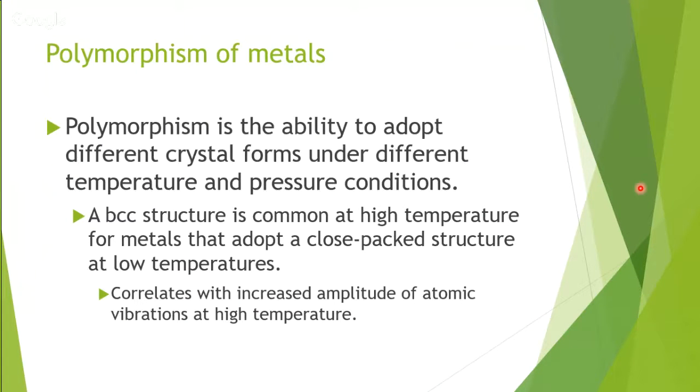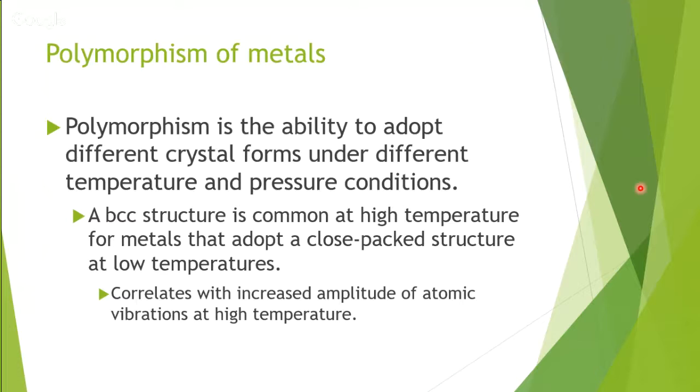So polymorphism is the ability to adopt totally different crystal forms under temperature and pressure conditions. Polytypism, like we looked at before, is where the stacking sequence changes, but polymorphism is completely different crystal forms.